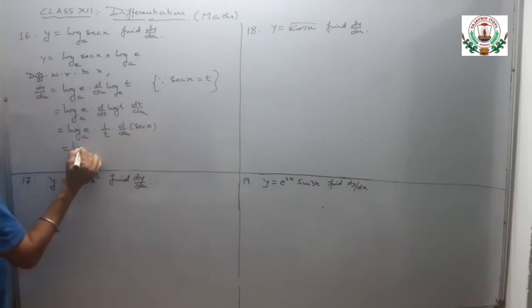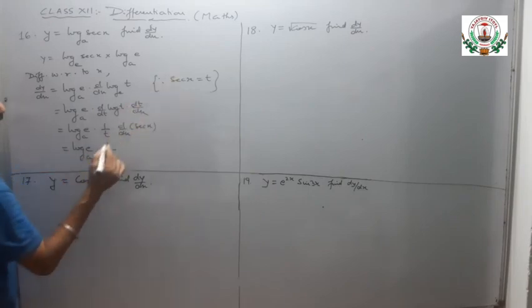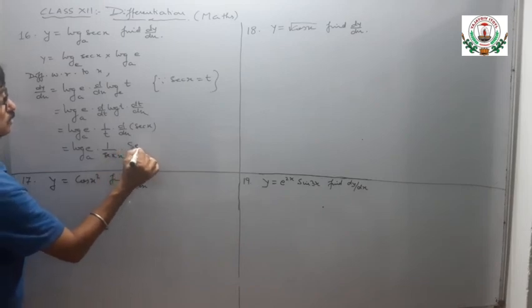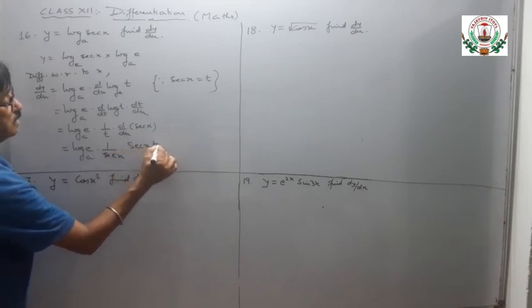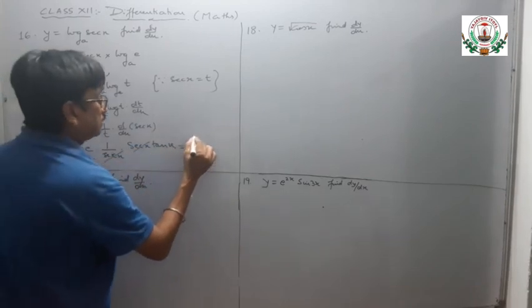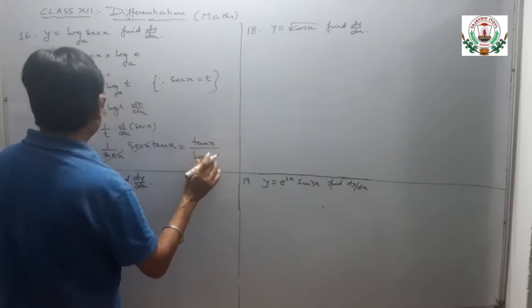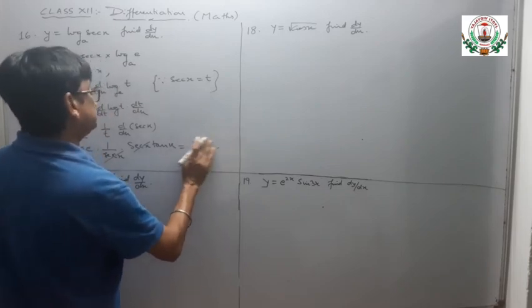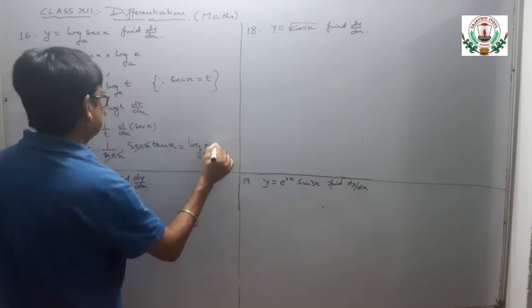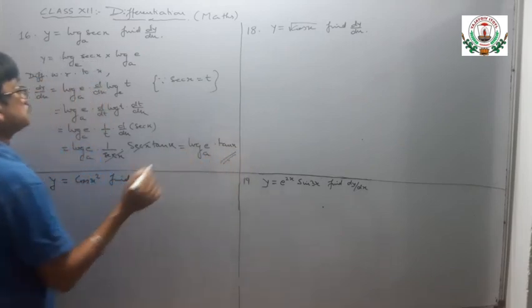Now this becomes log e to the base a, 1 by t, t is our sec x, and d by dx of sec x is sec x tan x. So sec x and sec x cancel. So the final answer, tan x upon log e to the base a into tan x, will be our differentiation.